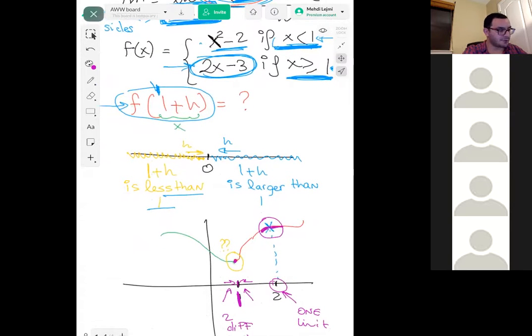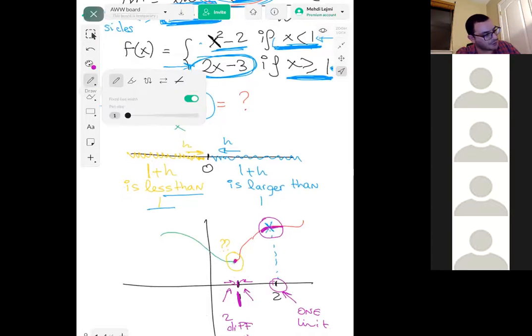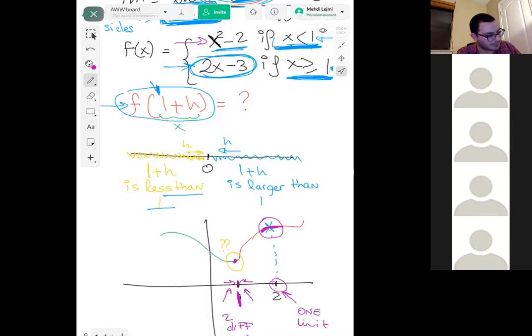Nope, I'm going to use both, because 1 plus h depends on h, whether it's less or larger than 1. If h is negative, then 1 plus h would be less than 1, then I would use the first equation, right? And if h is positive, then 1 plus h would be larger than 1, so I have to use the second equation. But we don't know what h is.